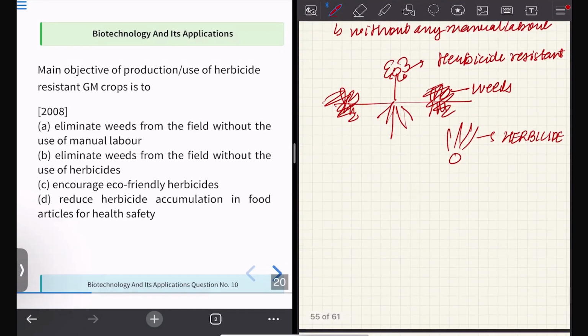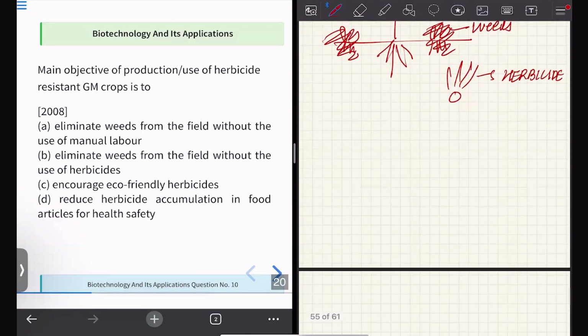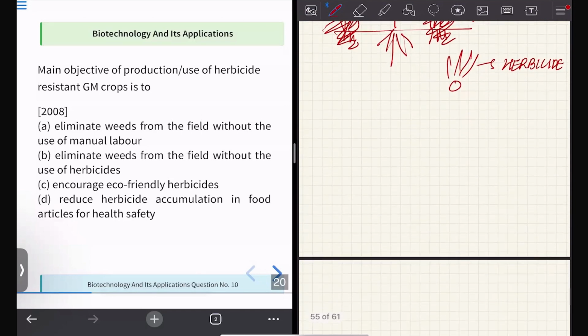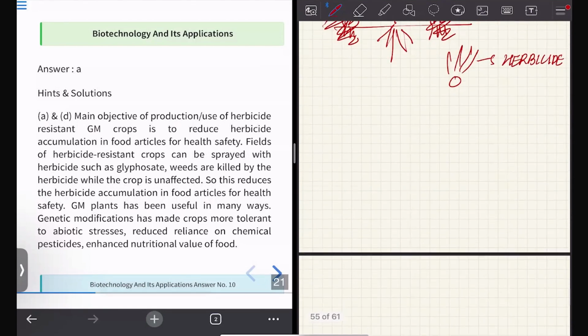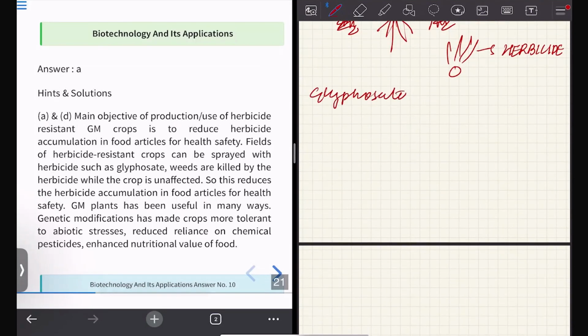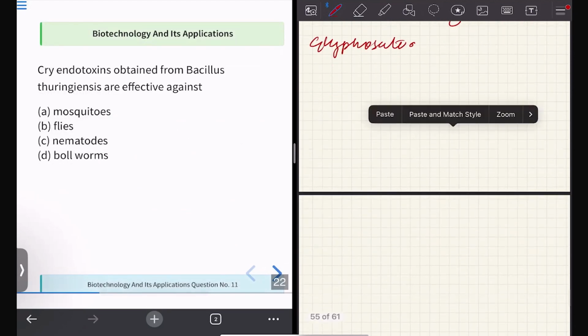And there is also reduced herbicide accumulation in food particles for health safety. Okay. So what are some examples of herbicide? We have glyphosate. Okay. So they have given answer as A, but in this particular question, both A and D are correct. Moving on to the next one.